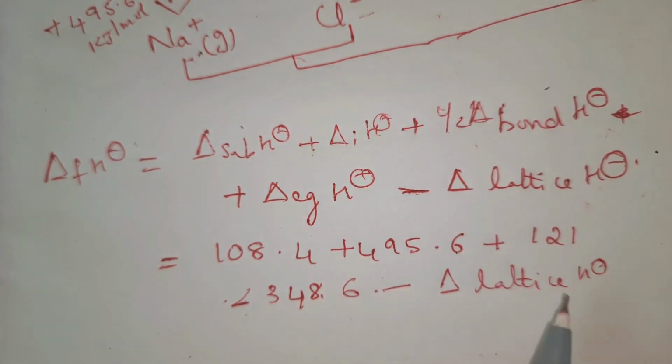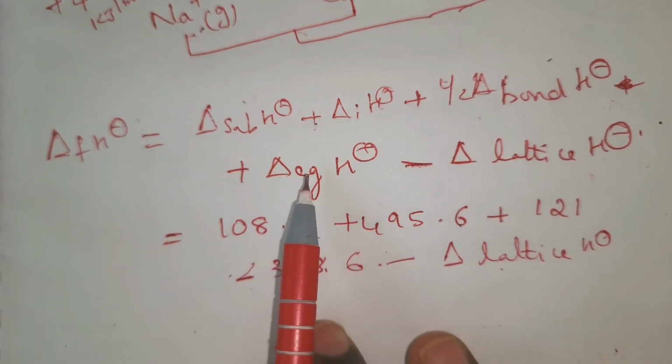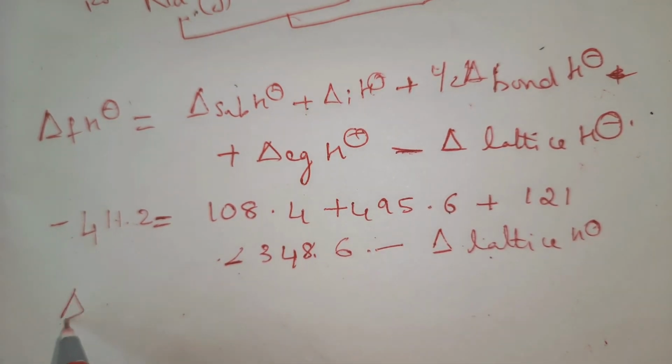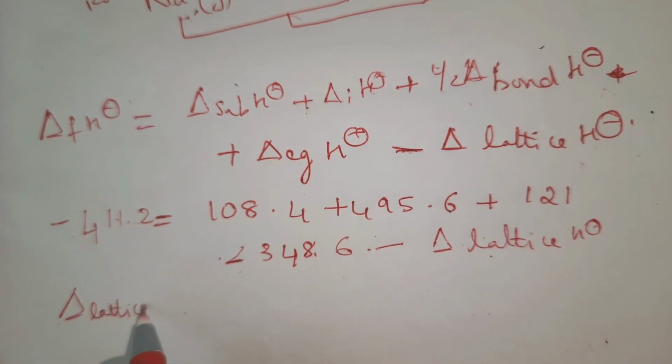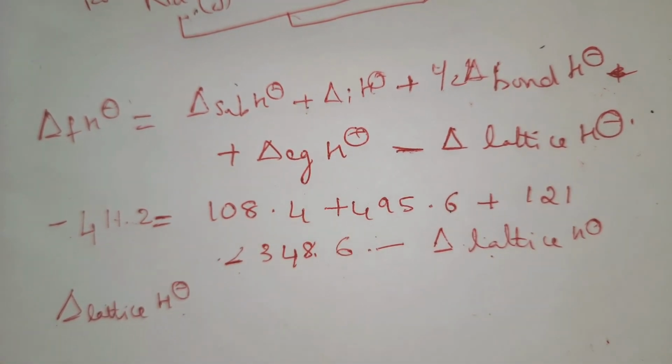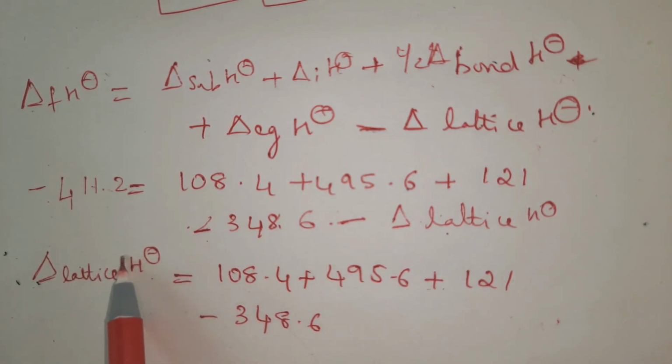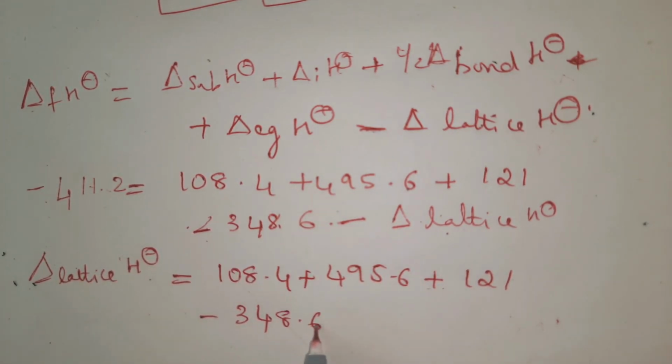Now you need to find the value for lattice enthalpy. So you take this value to this side, and this value to this side. When you take it to this side, you will get a plus value, that is delta lattice enthalpy. So this delta lattice enthalpy you take to this side, and the remaining values you write as they are.